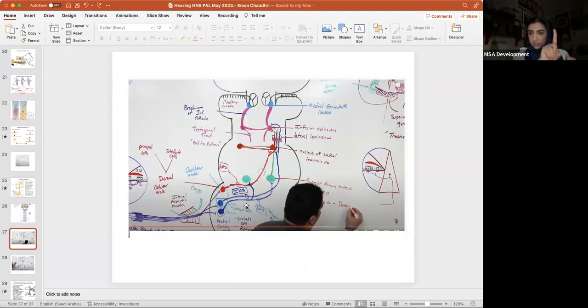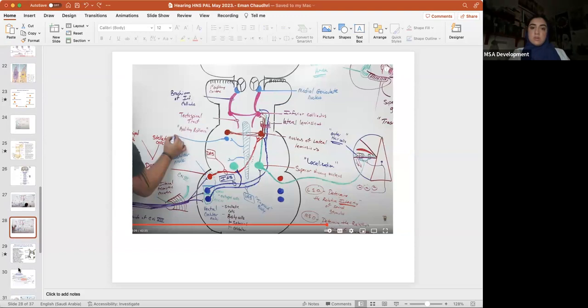Inner hair cell, spiral ganglion, olivary nucleus in the medulla, travels up to the nucleus of the lateral lemniscus, inferior colliculus, medial geniculate body, and then up to your cortex. Okay, so write that out basically as like arrows. And this is another way of looking at it. I guess it's more of a drawing, but we're not going to go into this.